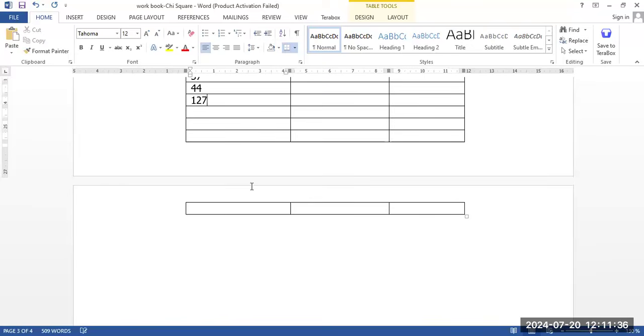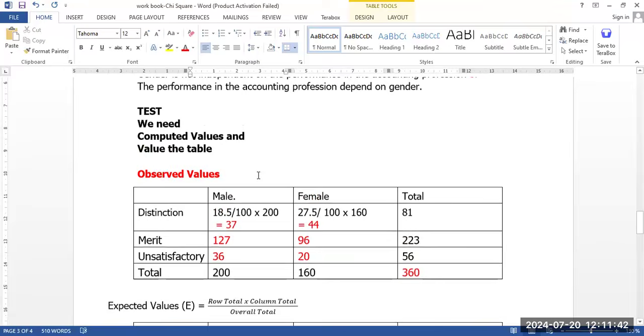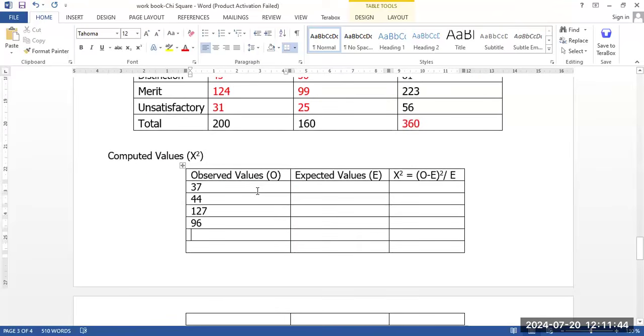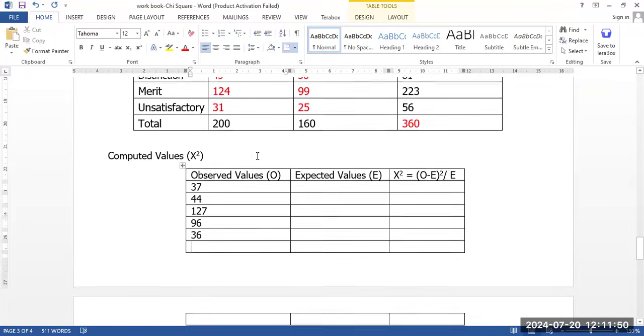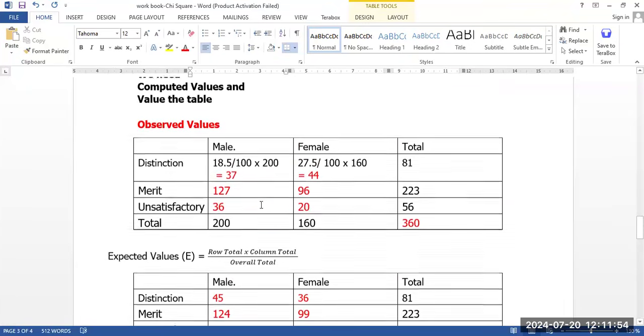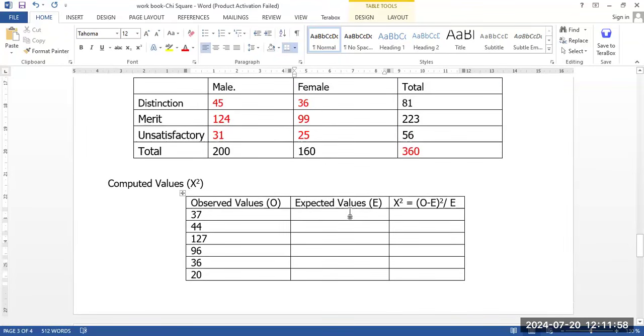Next, 96. Next, 36. Then 20. Then total. Done.